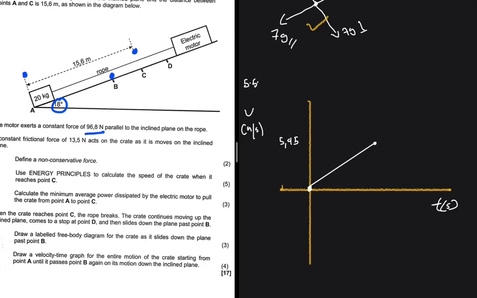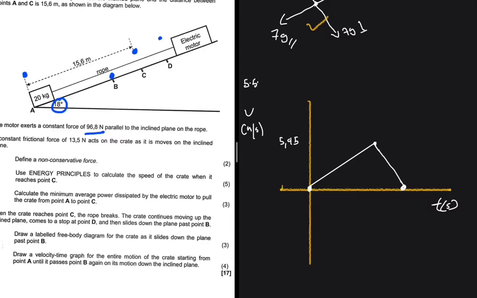So let's see if we can indicate that in our graph. It decreases until it reaches V equal to 0. That is, now we are at point D.